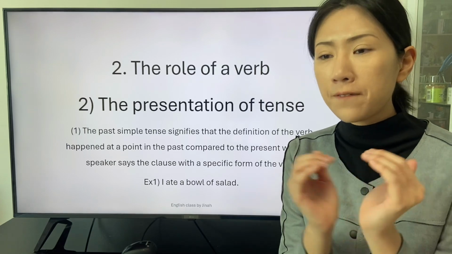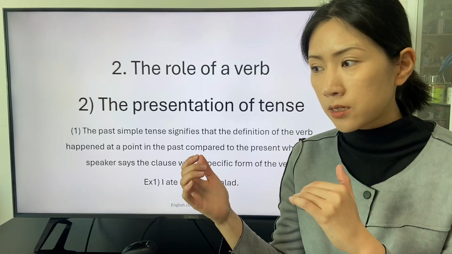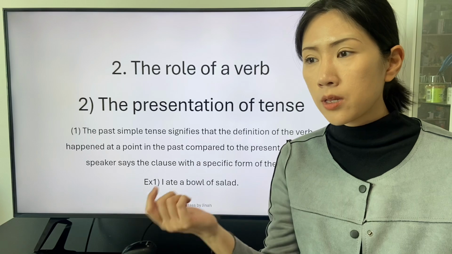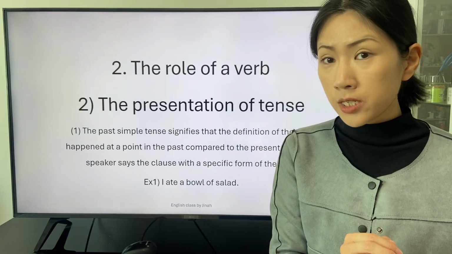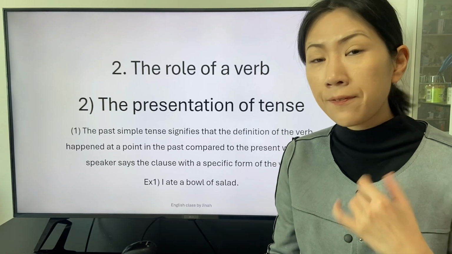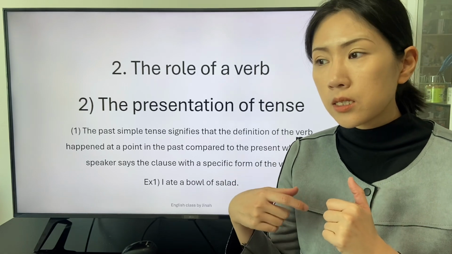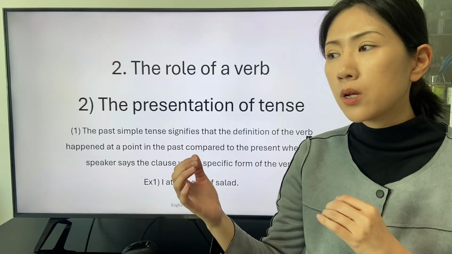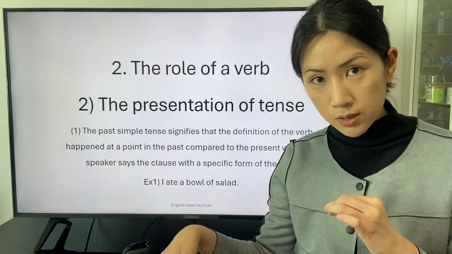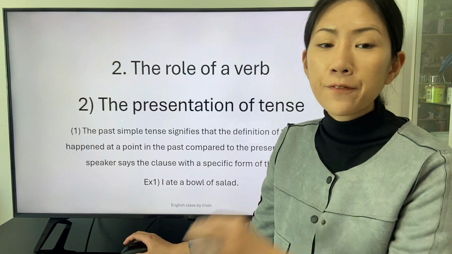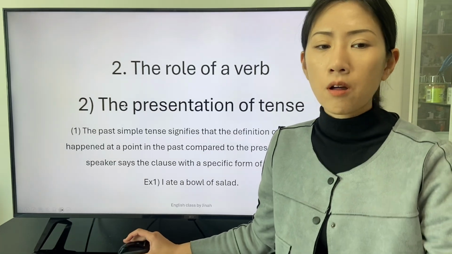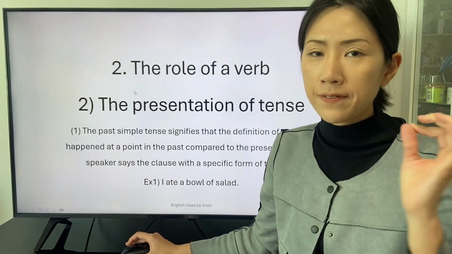The form of the verb that reveals the clause deals with a past experience, condition, or action is different from the form of the verb stated in the present tense. For example, there is a clause: I ate a bowl of salad.